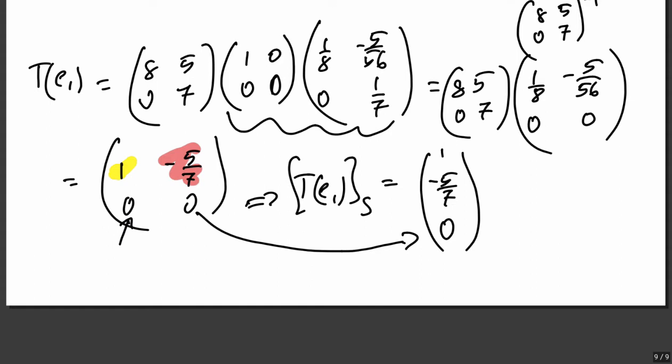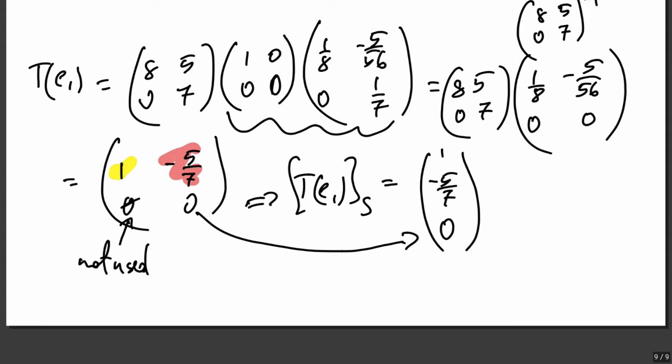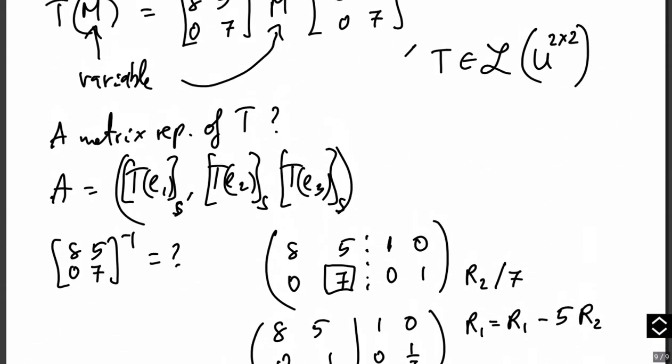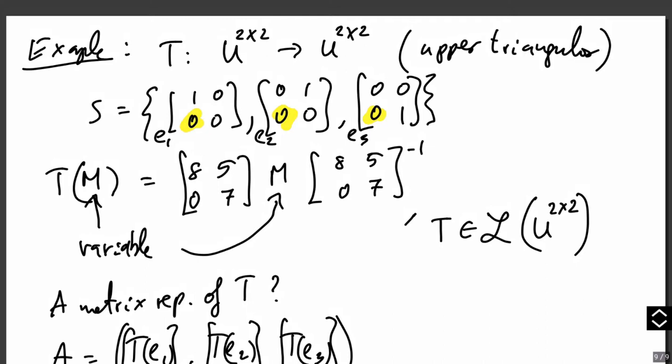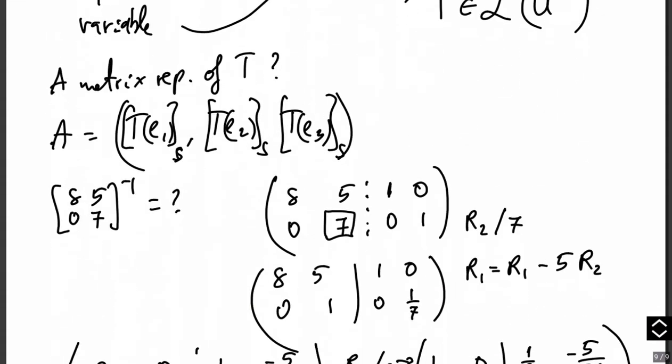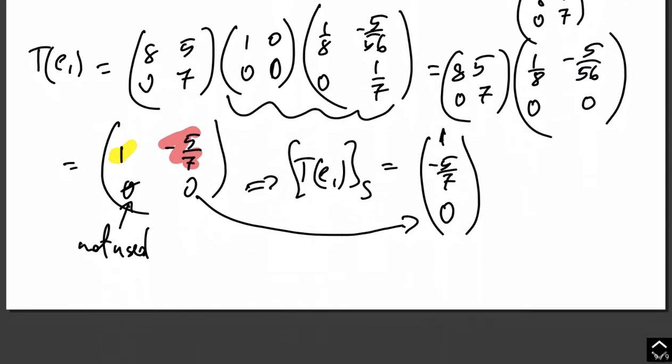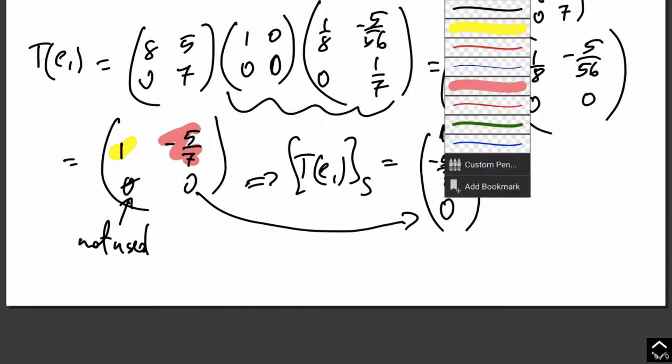Make sure that you never use the lower entry because it's upper triangular. This is a three-dimensional vector space, and only the 1,1, 1,2, and 2,2 entries can be non-zero. So the coordinate matrix should have only 3 components corresponding to the non-zero components of the basis vectors.